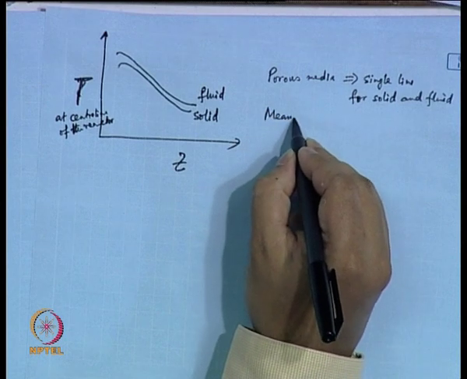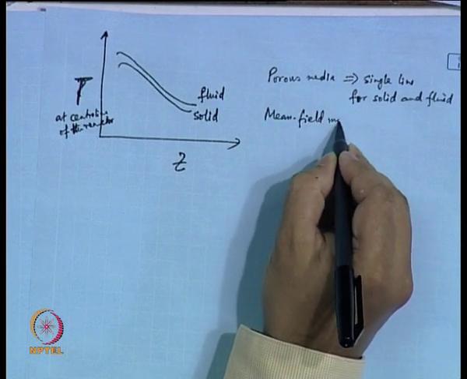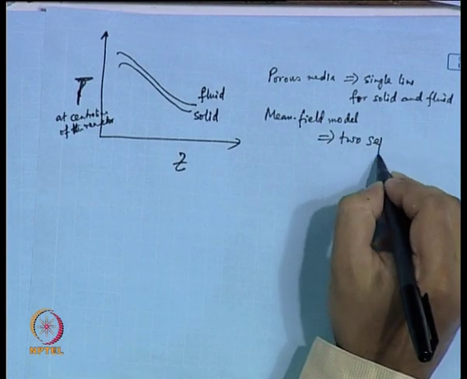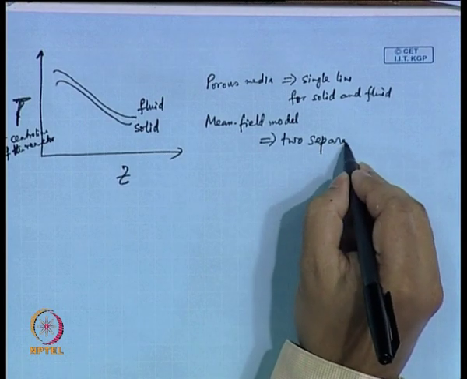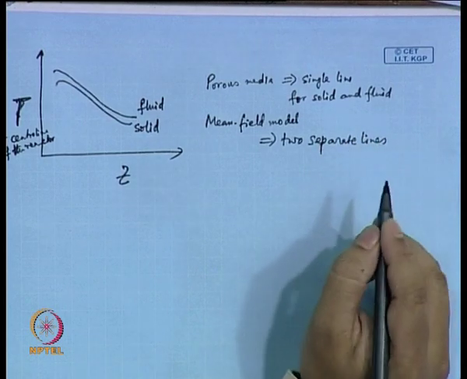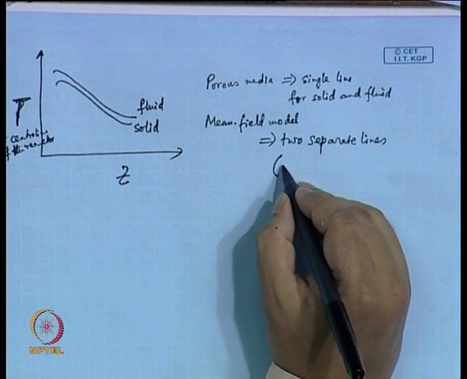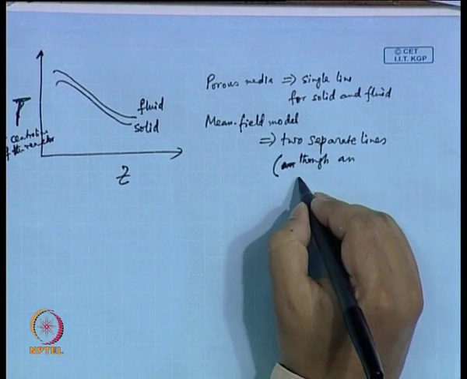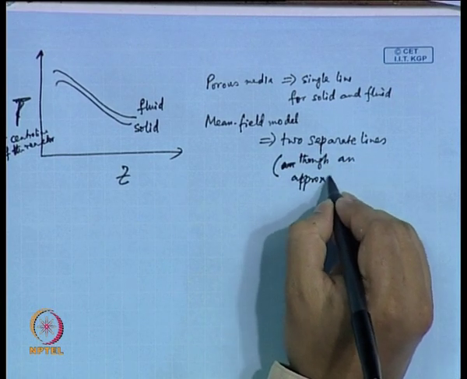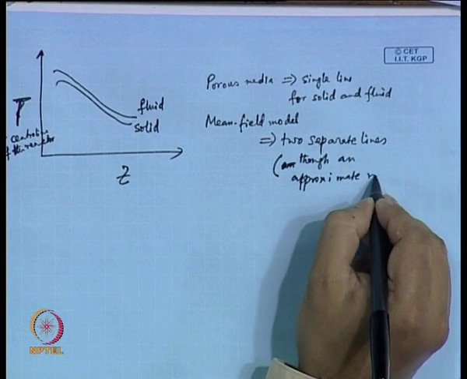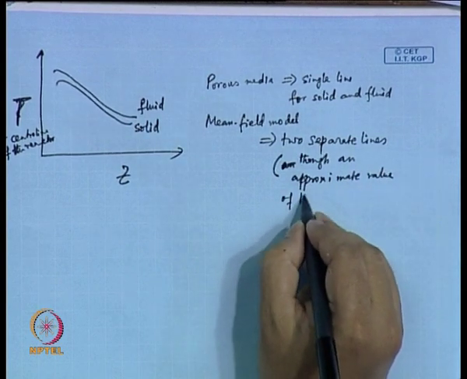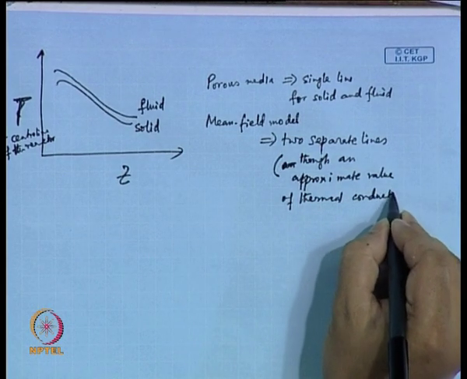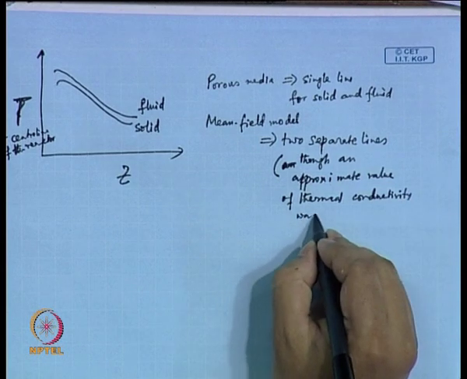For the mean field model, you have two separate lines. However, the issue is that an approximate value of thermal conductivity was used.